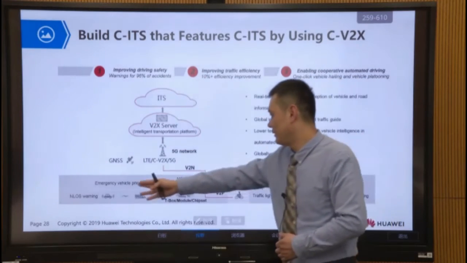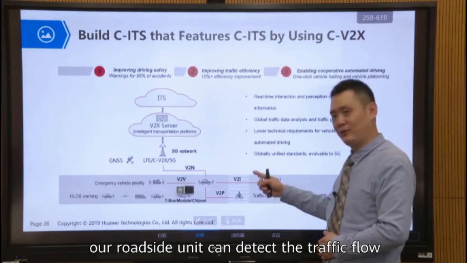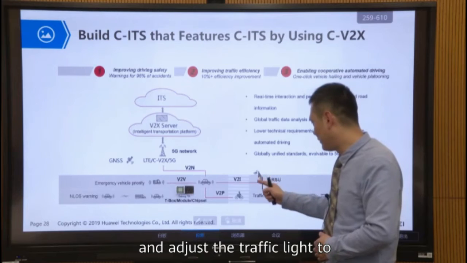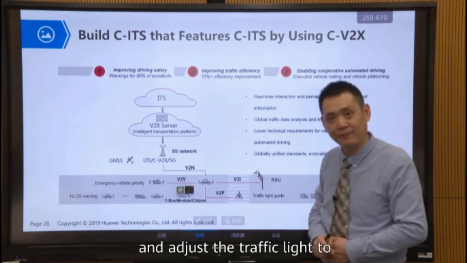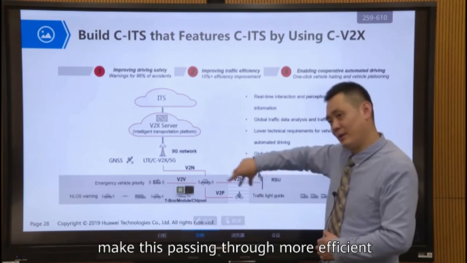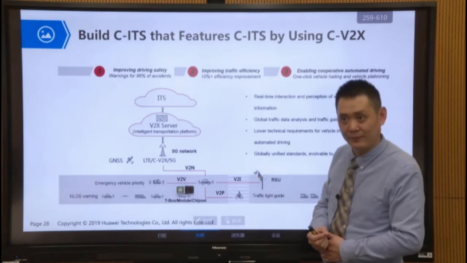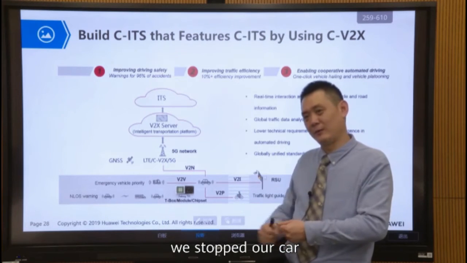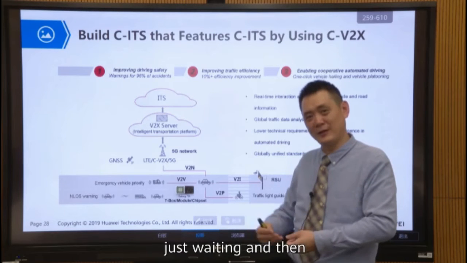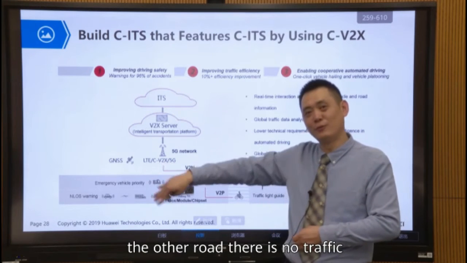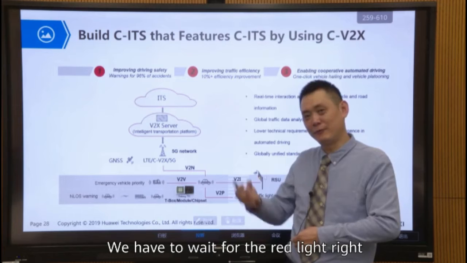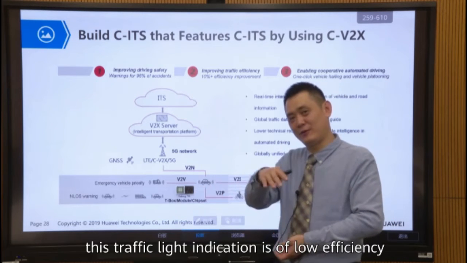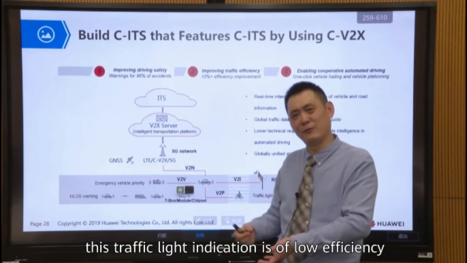For example, our roadside unit can detect the traffic flow and adjust the traffic light to make the passing through more efficient. You can feel that a lot of time we stop our car in front of the traffic light, just waiting, and the other road there's no traffic, and we have to wait for the red light, right? So in this case, this traffic light indication is of low efficiency.